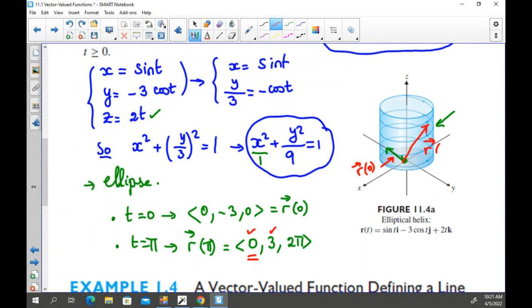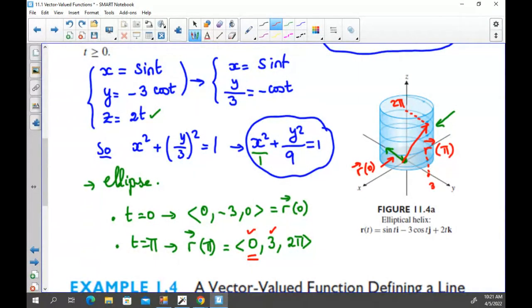R of pi. So it's 2 pi here, and then 3 on the y-axis like this.